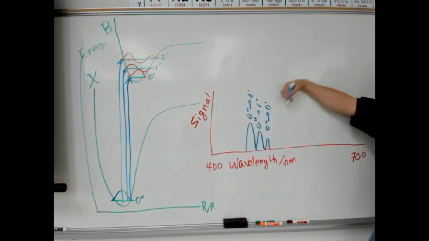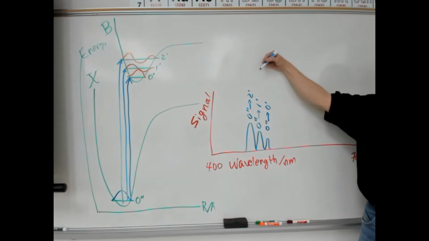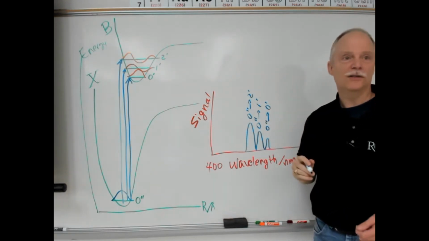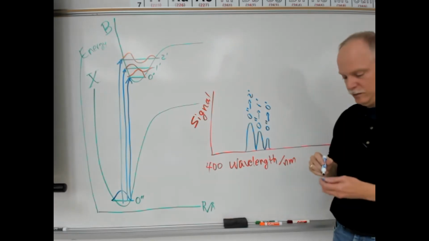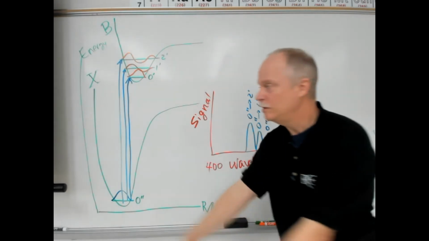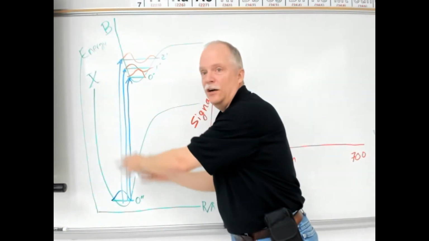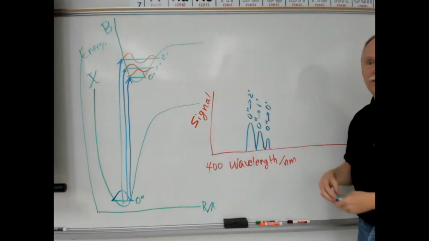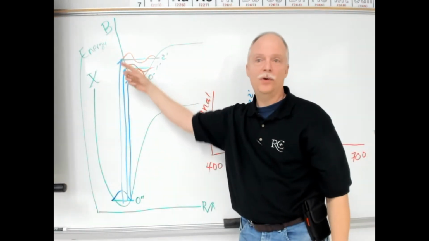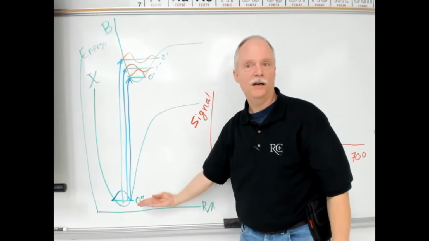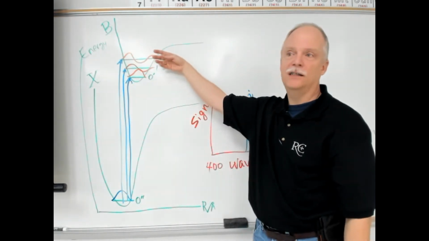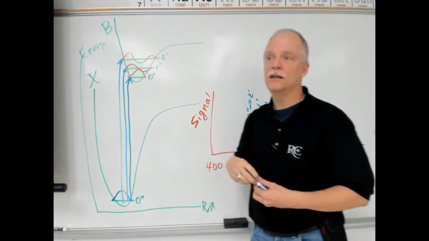So we're going to different vibrational states in the upper electronic potential energy surface. So do you see how we went from the MO to potential energy surface diagrams, and then from there to the spectrum, and we're doing absorption. Absorption, all the arrows are going up. We're at the ground vibrational state in the ground electronic state, going to multiple vibrational states in the excited electronic state.